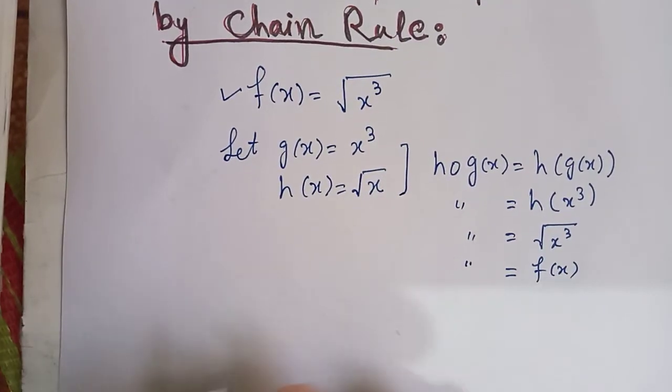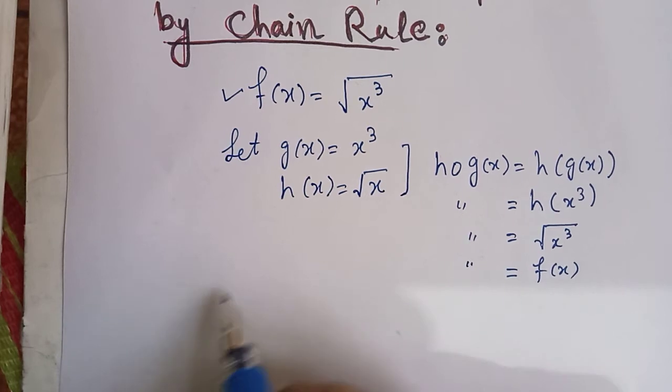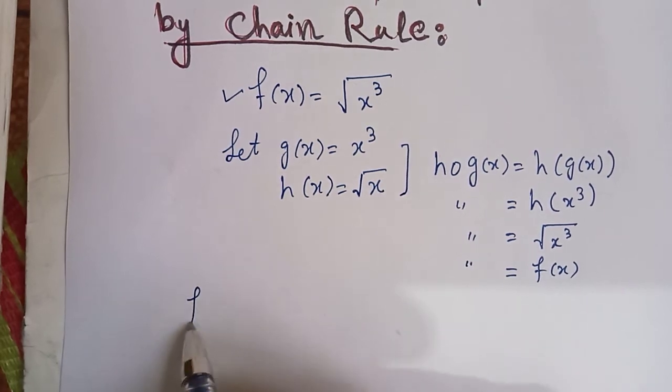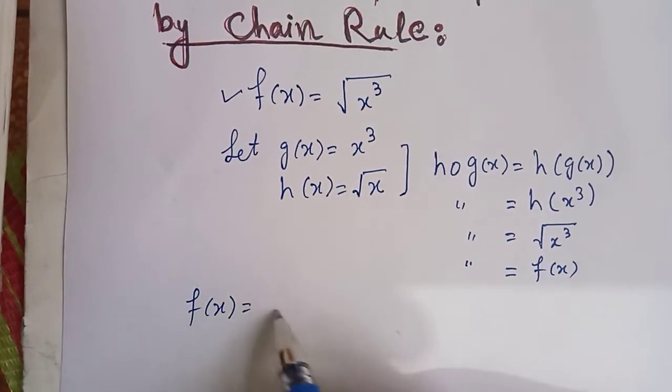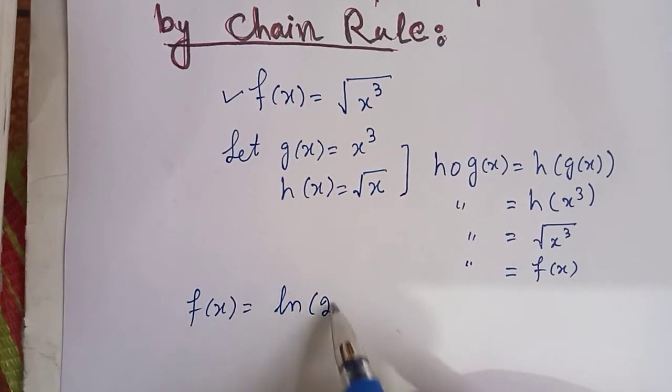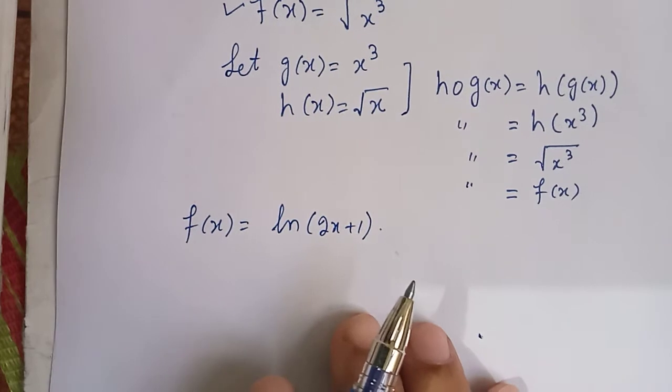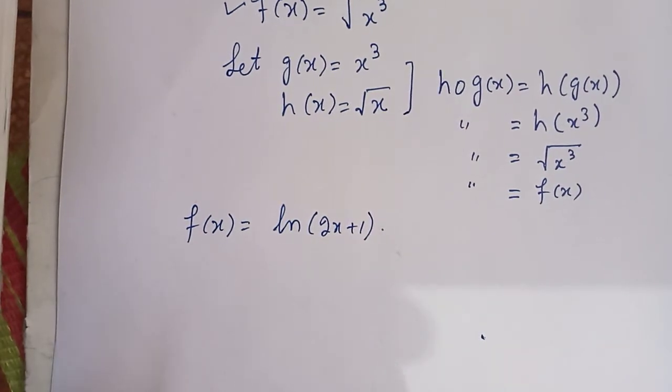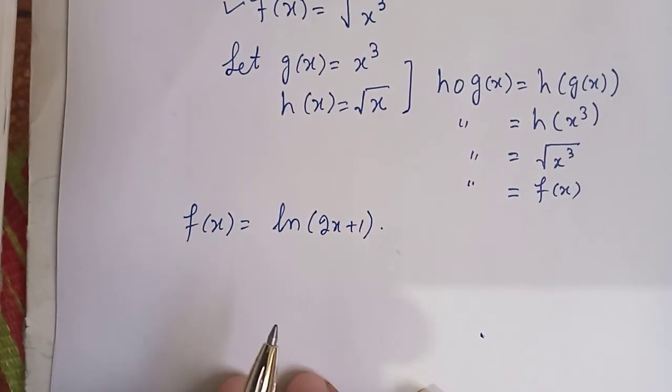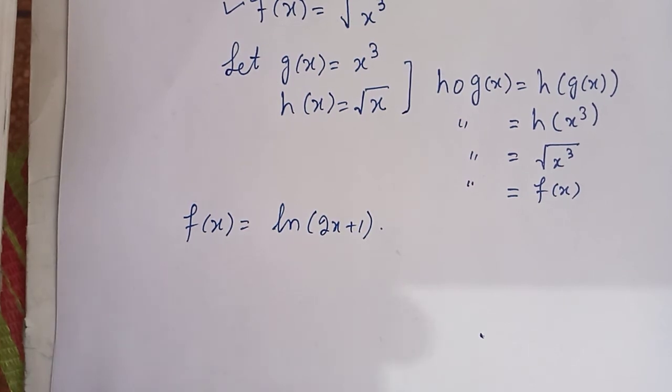Now if I take another example, let's say f of x is equal to ln of 2x plus 1. This function can also be converted into the composition of two functions, meaning you can make a composite function from a single function.